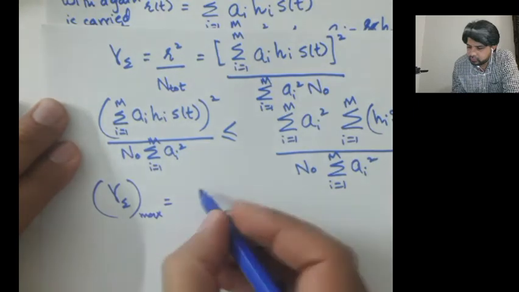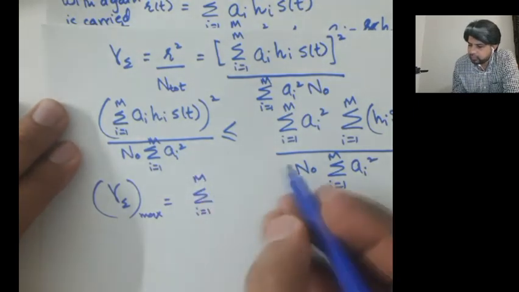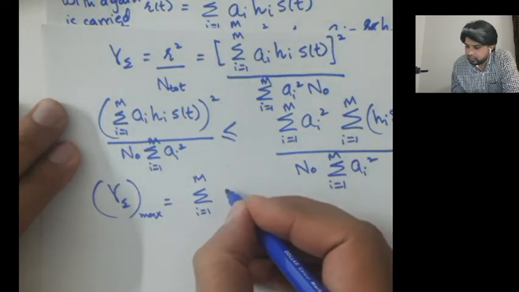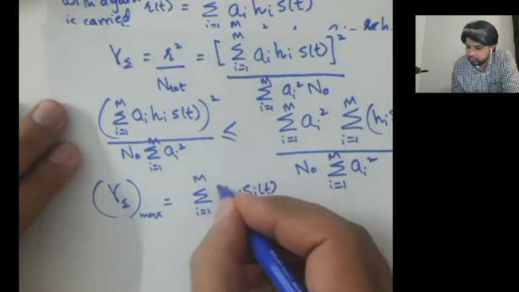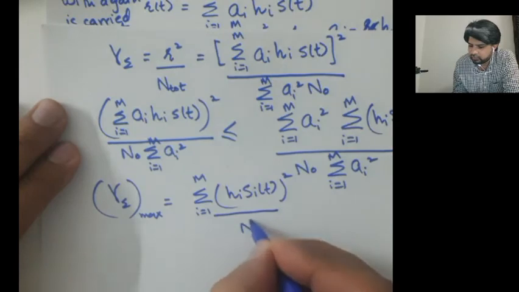would be equal to summation i equals 1 to capital M of h_i times s_i(t) whole squared divided by N naught.